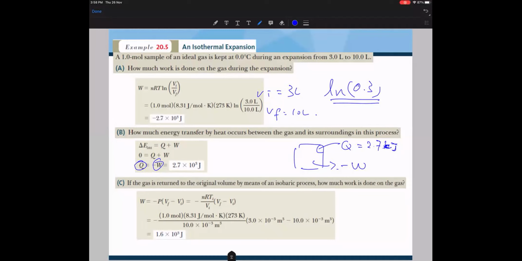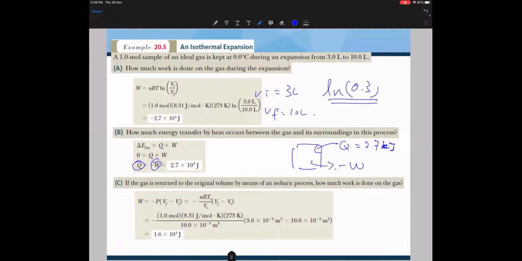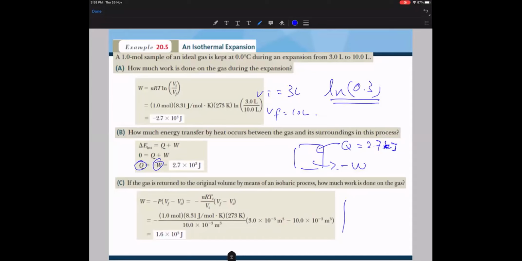And then in part C, you return the gas to the original volume and have the gas undergo an isobaric process. So now, an isobaric process from 3 liter to 10 liter.